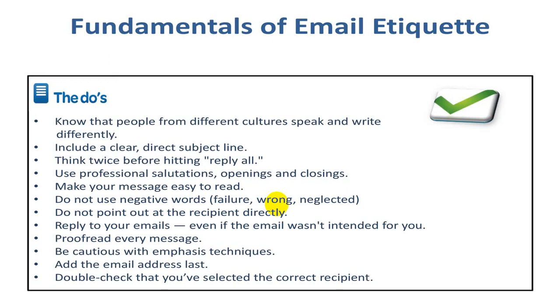Make your message easy to read. Do not use negative words like failure, wrong, neglected. Do not point out at the recipient directly. Reply to your emails even if the email wasn't intended for you. Proofread every message. Be cautious with emphasis techniques. Add the email address last and double check that you have selected the correct recipient.